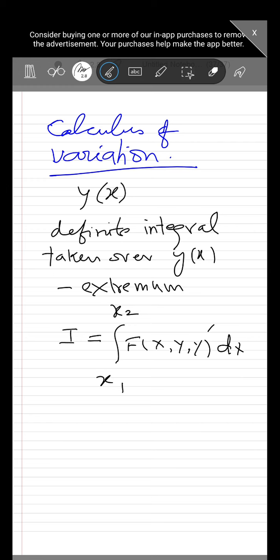To have a stationary value, that is to have an extremum value, the integrand is taken as a function of a dependent variable y as well as the independent variable x, and dy by dx. The limits x1 and x2 are fixed, and at each of the limits y has a definite value. The condition is that I will be stationary or extremum if it is given by the Euler equation.